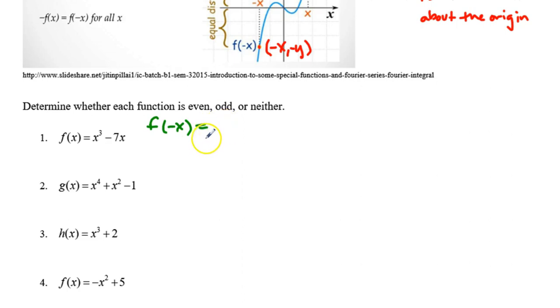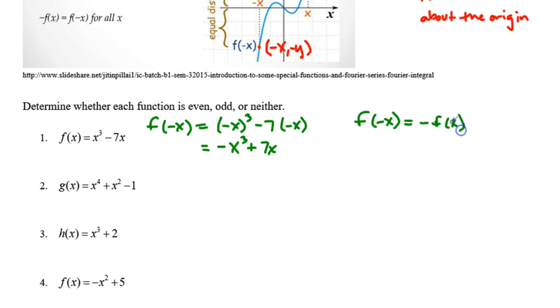So for this function, when I sub in negative x, let's see what comes out. Negative x to the third power just makes a negative. Negative cubed makes negative. Negative to the first is itself. Negative times negative is positive. So we say f of negative x is equal to negative of f of x.